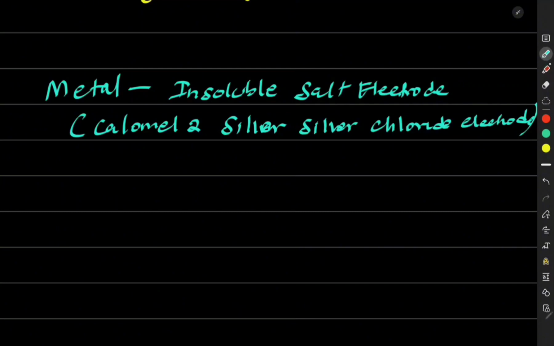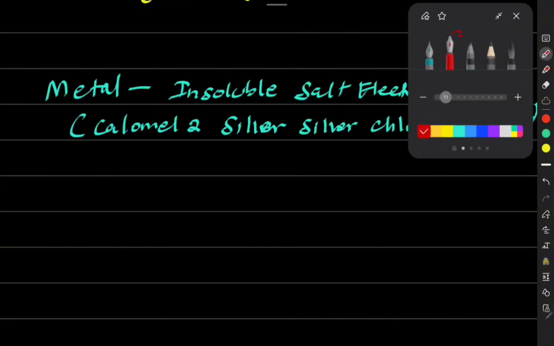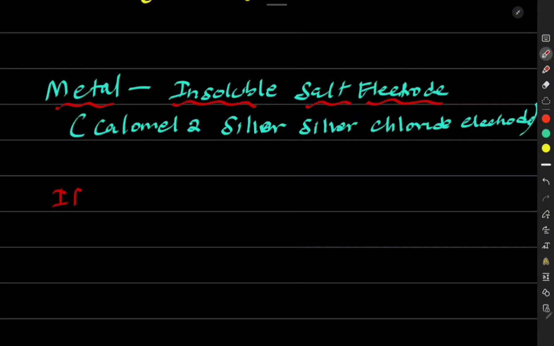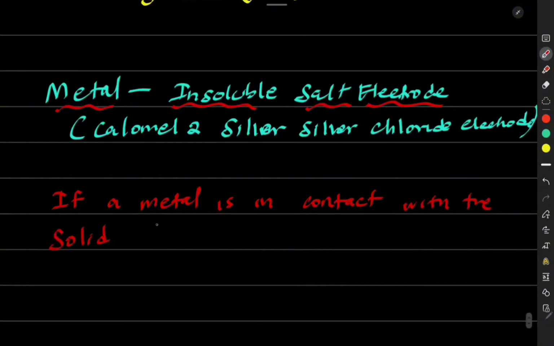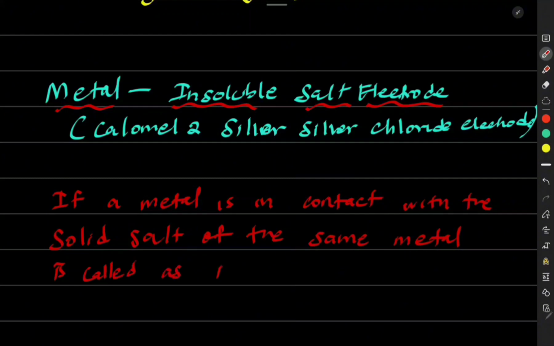So let's write it down. If a metal is in contact with a solid salt of the same metal, it is called a metal insoluble salt electrode.